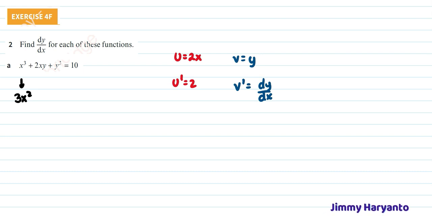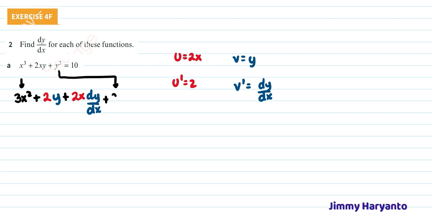Okay, the formula is u prime v, so this one is plus, and then u prime times v, and then plus u v prime. V prime is dy over dx plus the differentiation of y cube is 3y squared dy over dx, and then equals to differentiation of 10 equals to 0.